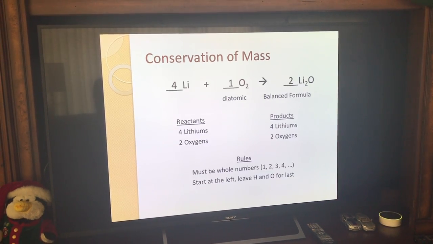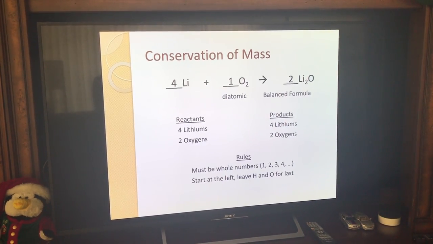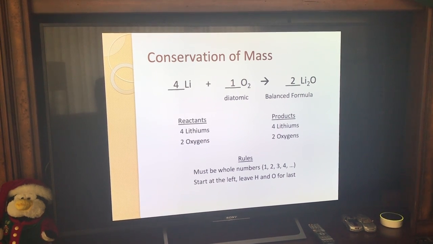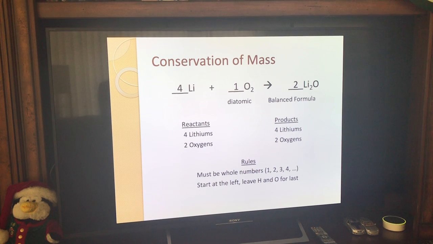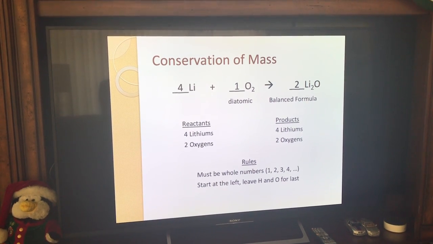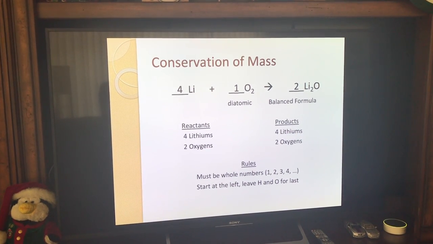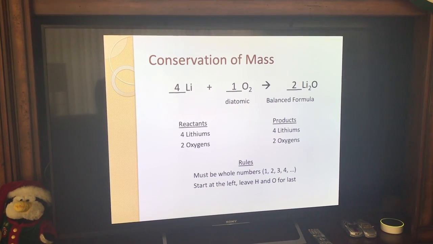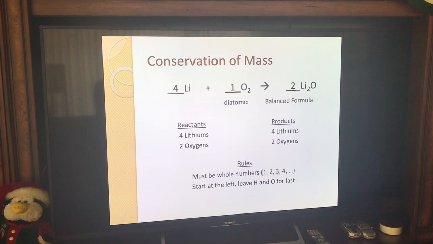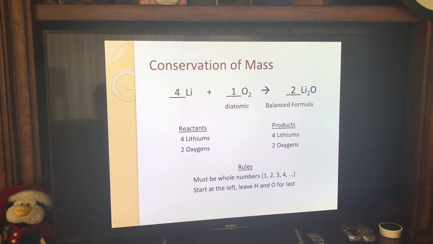So again, the rules: use whole numbers in those blanks, start at the left. My advice is leave hydrogen and oxygen until the end. So I've provided a bunch of worksheets for you to go in and be able to do some balancing.